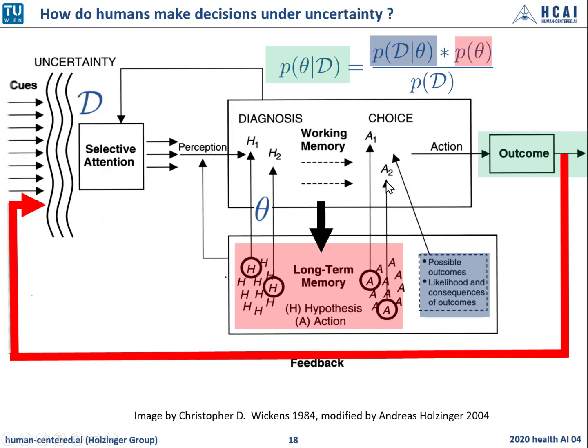So it is always to optimize to get the best possible action available, and then you see the outcome, of course, through this feedback, but also through this nebula of uncertainty. So you have a selective attention. The model of Wickens is still the best model to explain clinical decision making, and most of all to compare it with our technological approaches in machine learning. So this is quite comfortable.